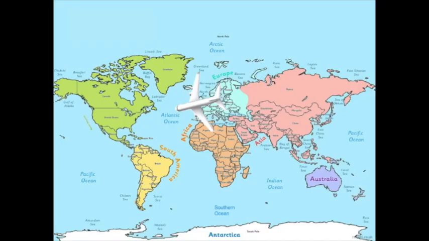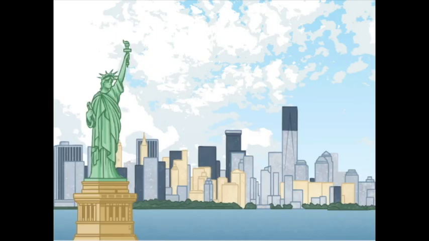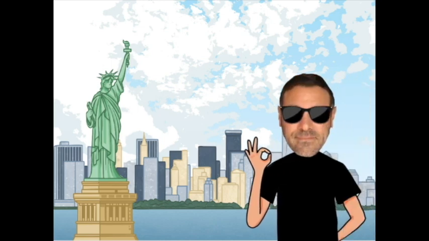Okay, where am I going to travel to next? New York, in the United States of America. And I'm going to be visiting the Statue of Liberty in New York. Can you see the Statue of Liberty?